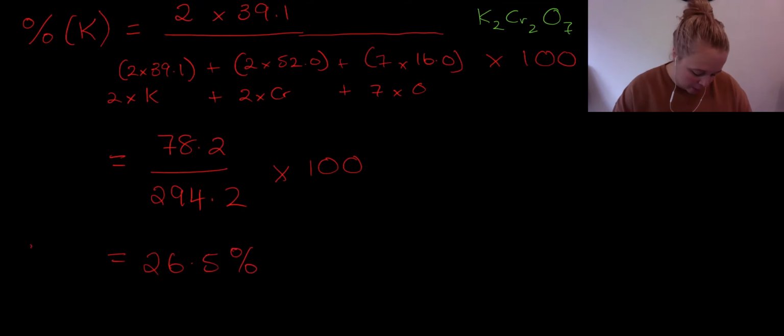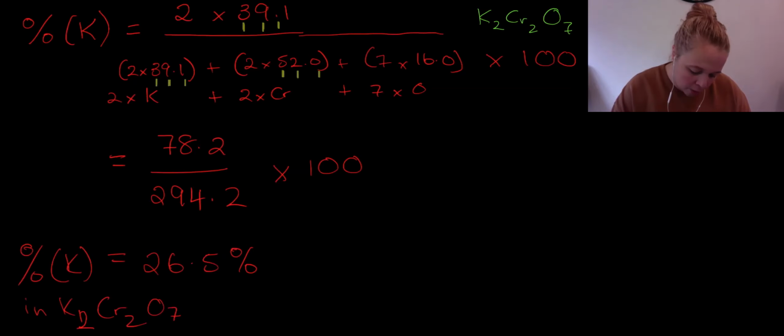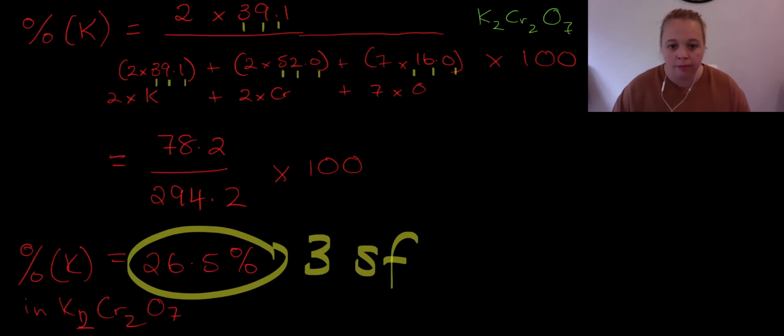That's the percentage of potassium in K2Cr2O7. Now, how many sig figs do we need? I can see that there are 1, 2, 3 sig figs, and everything seems to have 3 sig figs, so my answer should be in 3 sig figs.